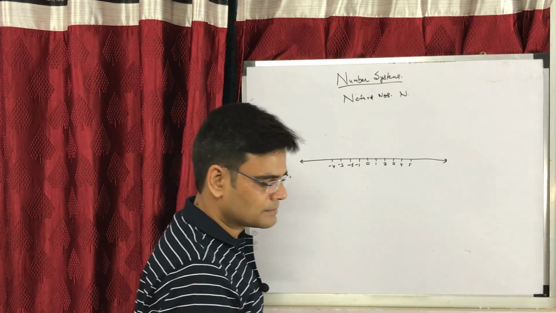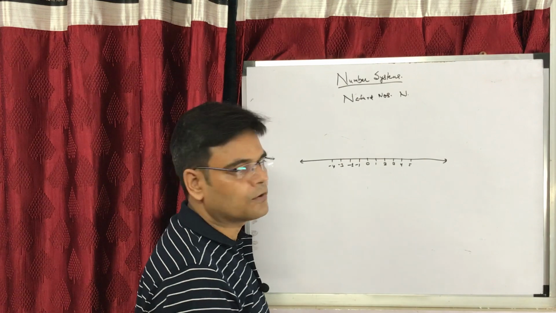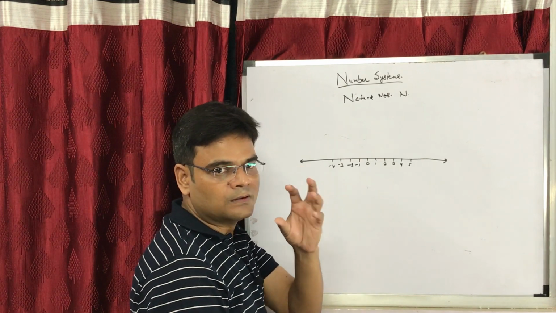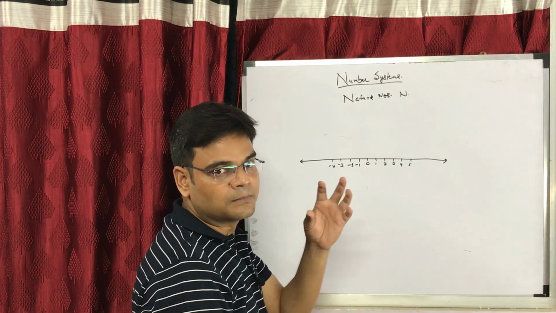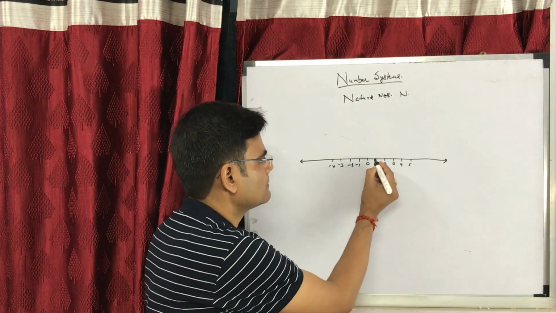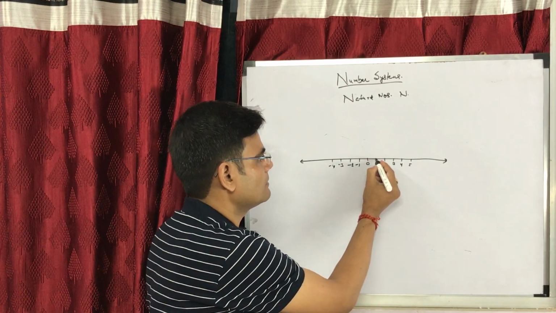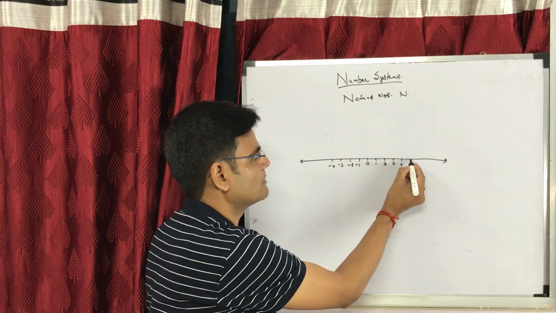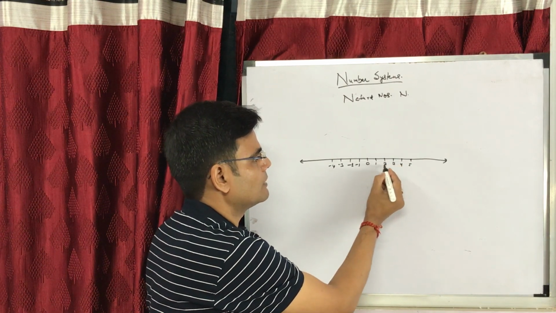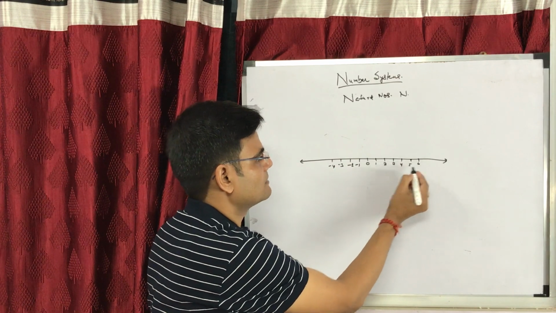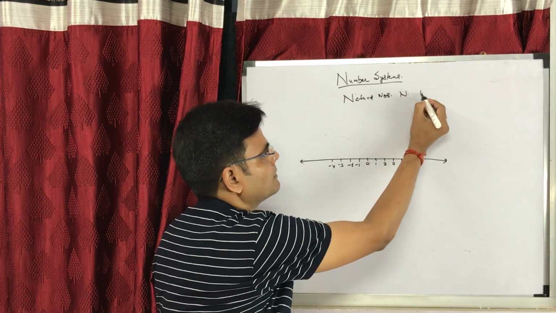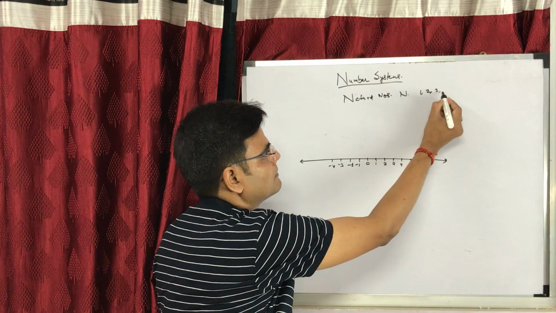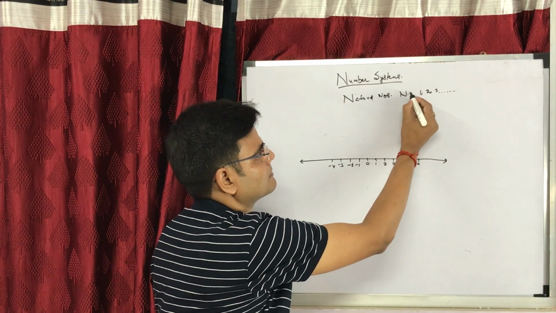Now the point is, natural numbers are all numbers on the number line starting with 1 and positive numbers 1, 2, 3, and they should be whole numbers, they should not be fractions. 1, 2, 3, 4, 5, 6, all these are natural numbers. 1, 2, 3, dot dot dot, these are natural numbers.